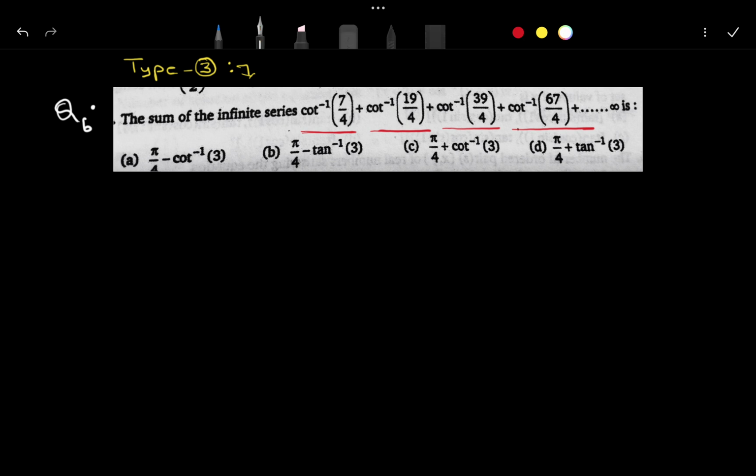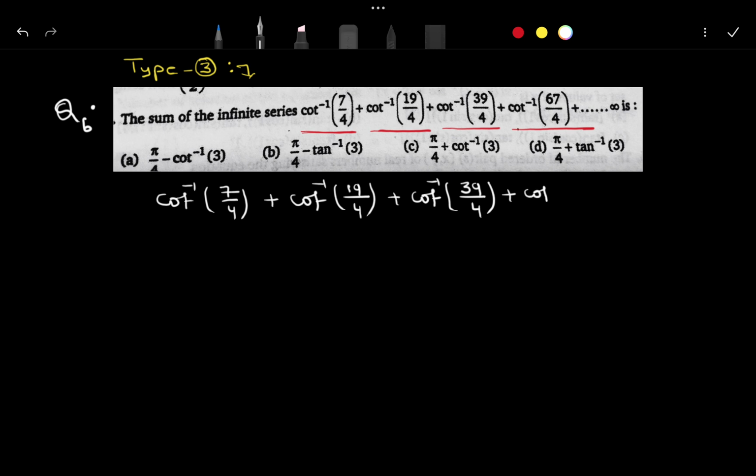You can write cot inverse of 7 by 4 plus cot inverse of 19 by 4 plus cot inverse of 39 by 4 plus cot inverse of 67 by 4 plus and so on to infinity.